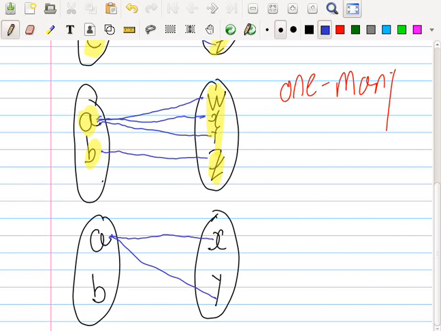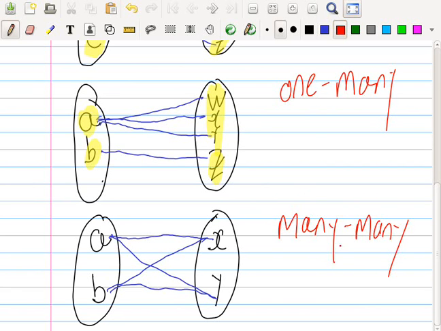No, one many. Now, if I do this as well, this makes it many, many, because you can have A goes to X and B goes to X, or also A goes to X and Y and B goes to X and Y. So you could have one value here going to many values here, or you could have many values here going to the same value. So this is the worst type of mapping. Many, many. So there are the 4 types.